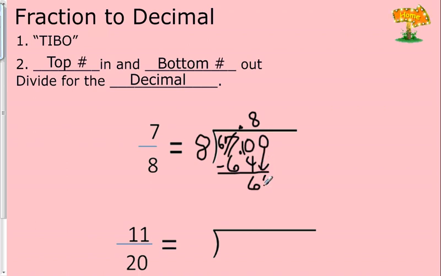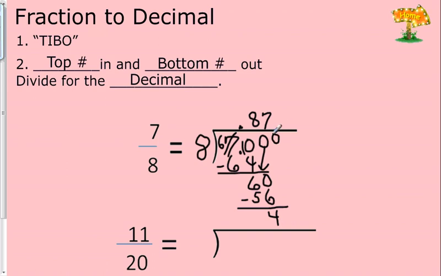Okay? So now I have 60 divided by 8. Well, I got to go one less, so 7. 7 times 8 is 56. So now I get 60 minus 56. So that means this time I have 4 left over. Again, I can't stop.